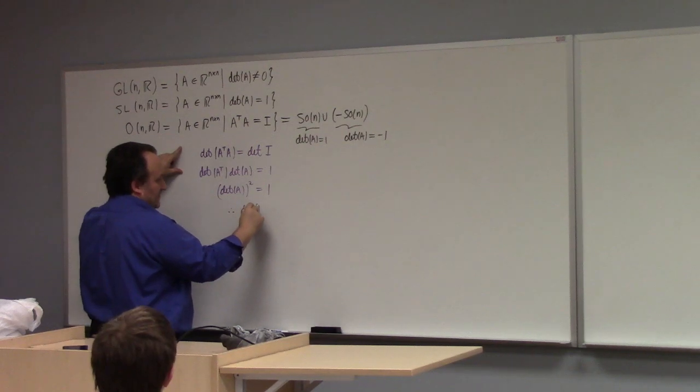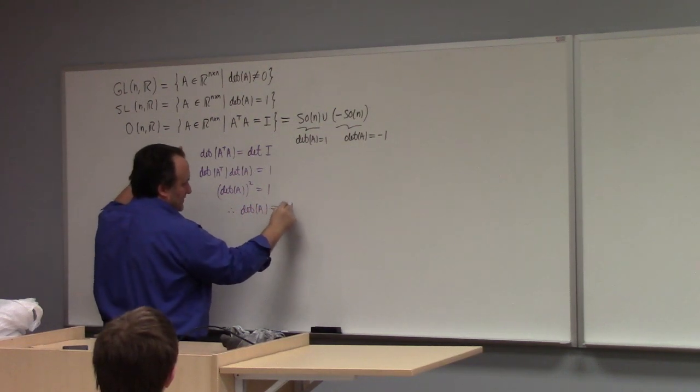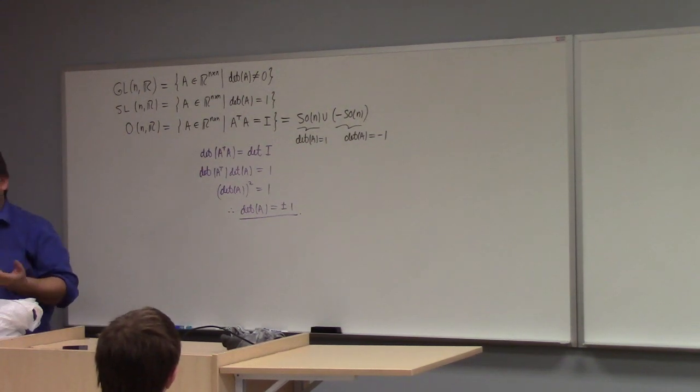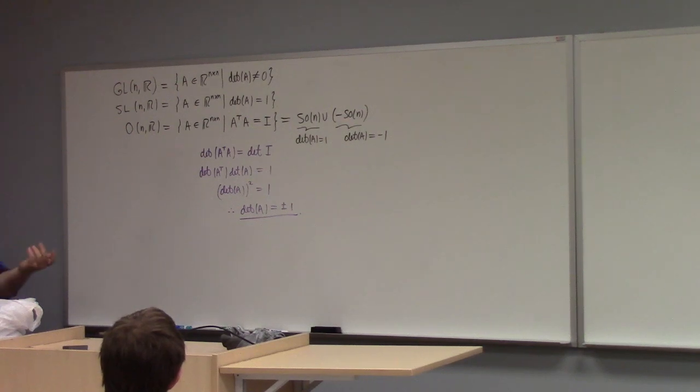So the determinant of A is plus or minus 1. In the orthogonal matrices, there are two kinds: the ones with determinant 1, which we understand are rotations, and the ones with determinant minus 1, which are reflections.